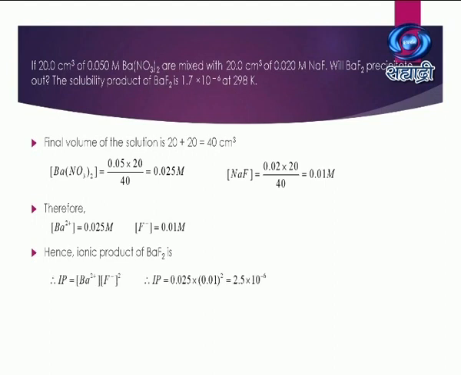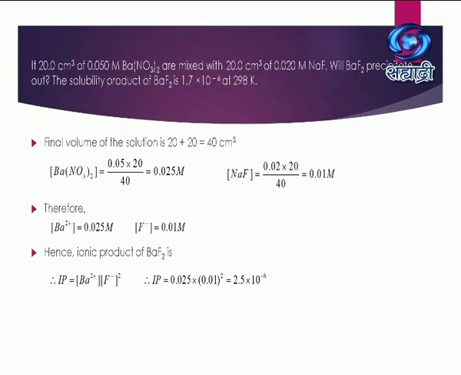It is given as Ip = active mass of Ba2+ × (active mass of F-)^2. Remember students, if you write the solubility equilibrium equation for barium fluoride, you will find that the numerical coefficient of the fluoride ion is 2.